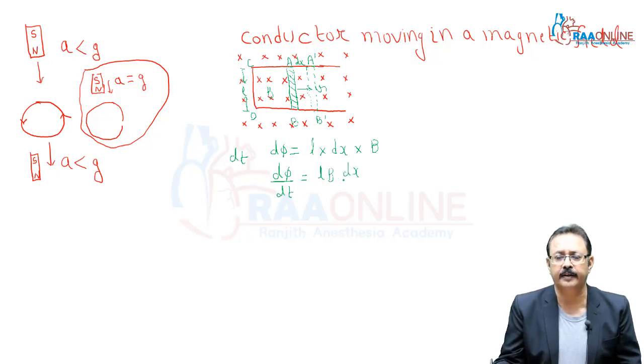What we are getting is the induced EMF, the magnitude of induced EMF, equal to the rate of change of magnetic flux. But dx upon dt is the velocity of this conductor.